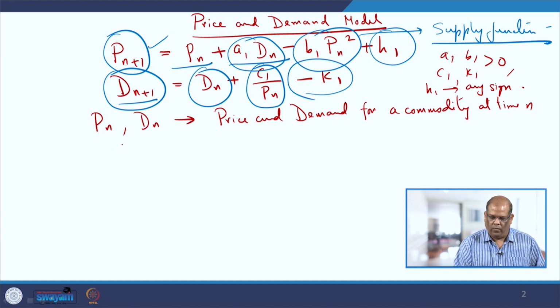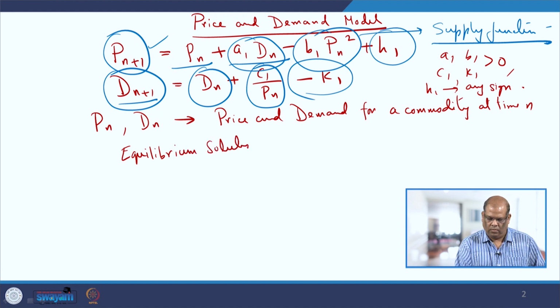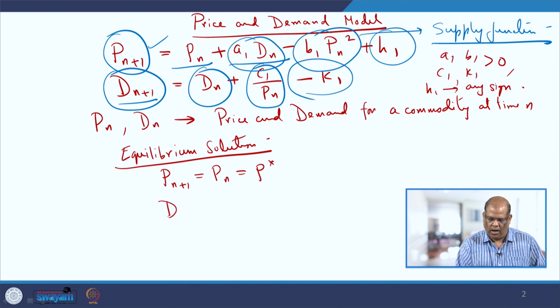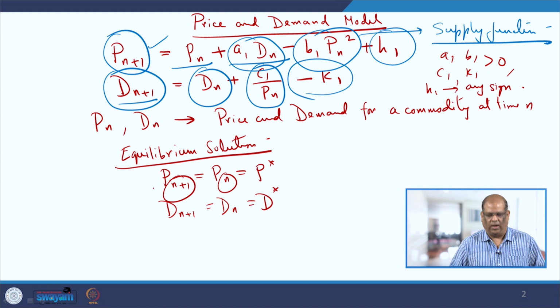So, we start with the equilibrium solution. For the equilibrium solution, we have Pn plus 1 equal to Pn equal to P star, and Dn plus 1 equal to Dn equal to D star, because there is no change from time n to time n plus 1.